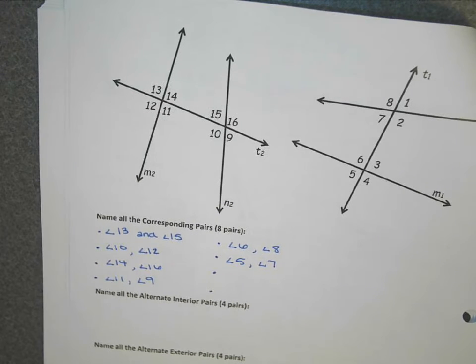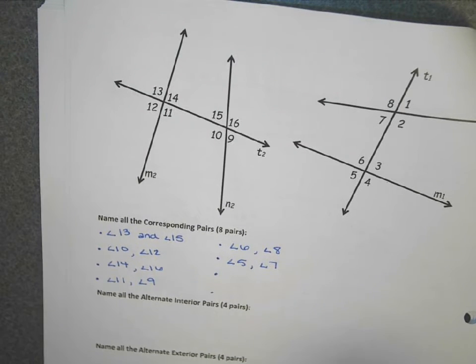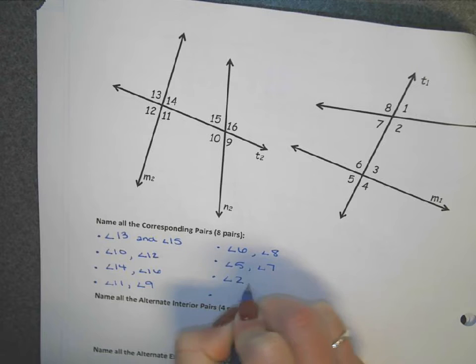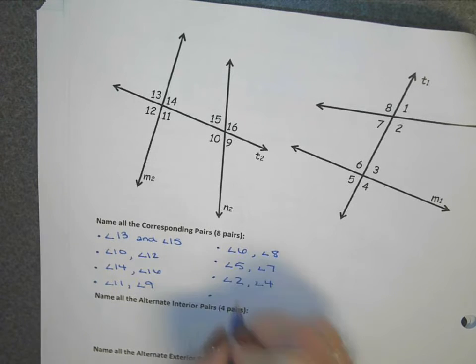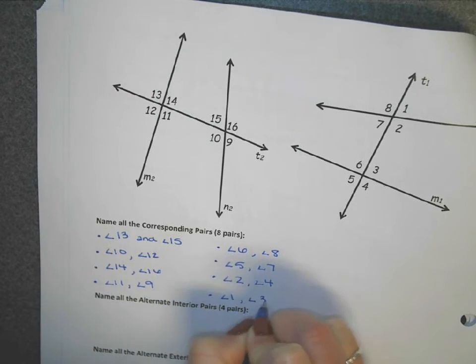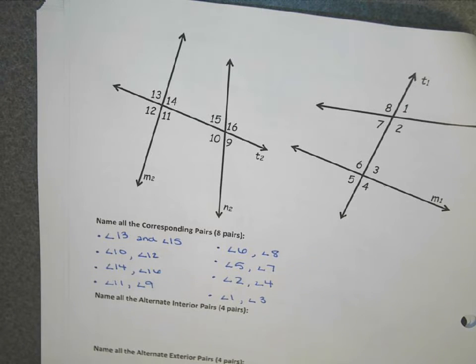Another one. Go ahead. Angle 2 with angle 4. Very good. And last one. Go ahead. Angle 1 and angle 3. Very good. Give me a 1 through 5. I could name corresponding angles. I get what we're doing here. Awesome. Okay, so we're feeling pretty good about that.